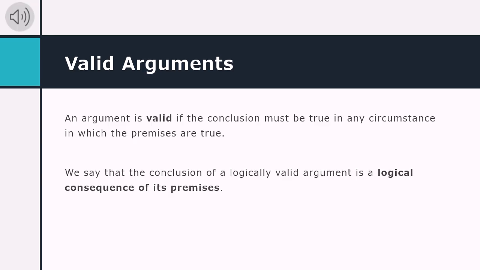So if each one of those premises is true, then you can be certain that the conclusion has to be true as well. When this situation occurs, we say that the conclusion is a logical consequence of the premises.